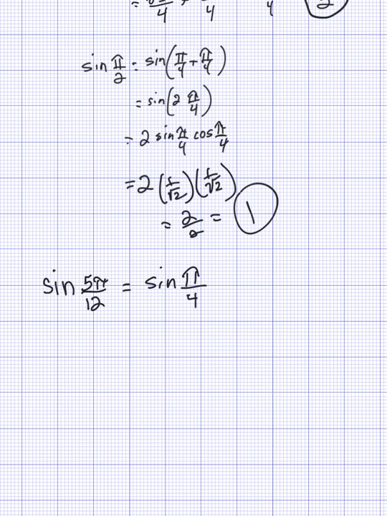And then, since I know these by heart, I could just use my compound angle formula. But what happens if I have the cosine of 5 pi by 12? Does it work as well?